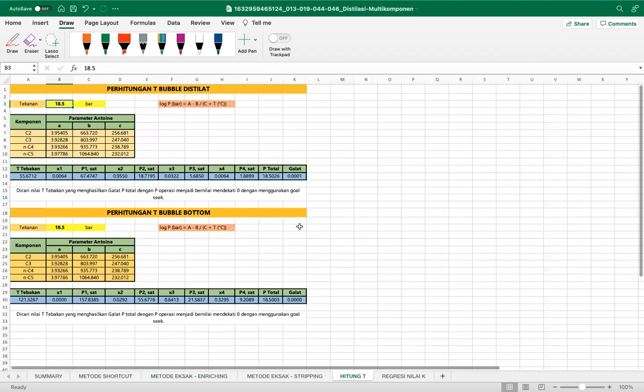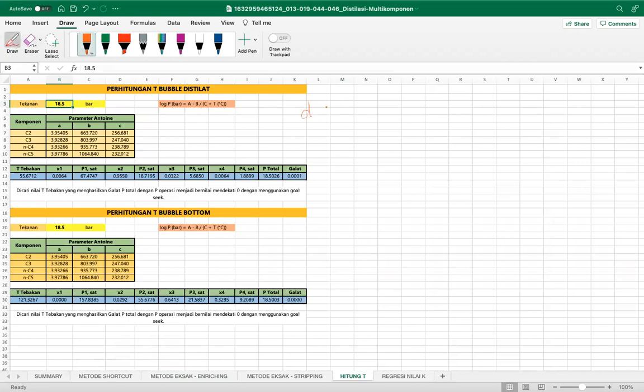Okay, so in the distillate, what is the phase of the distillate?